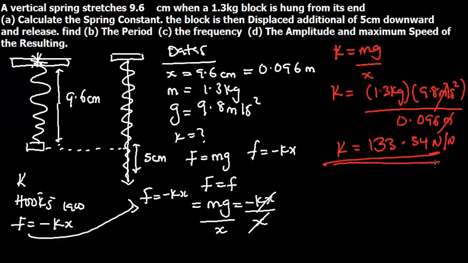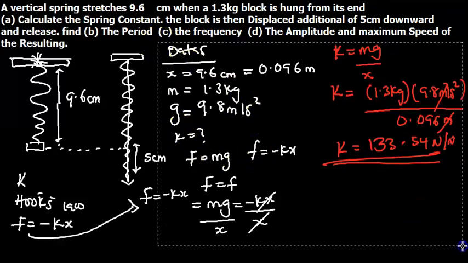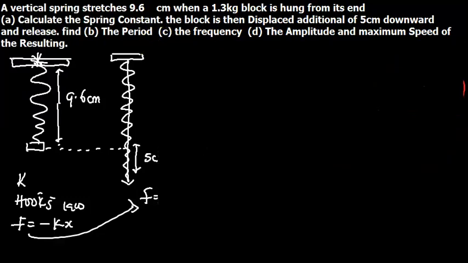Okay, the next thing we need to find is the period. What is the formula for finding the period? The formula for the period is T equals 2 pi over omega, and omega is the same as the square root of K divided by m.